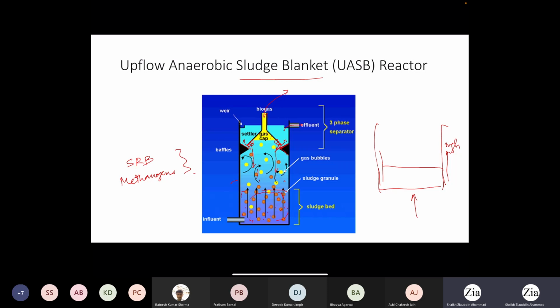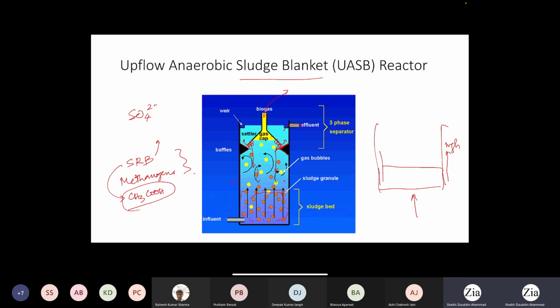One class of methanogens utilizes acetic acid, and SRB also utilize acetic acid as carbon source. So whenever sulfate content is significantly high, you will get dominance of SRB. One of the primary reasons is that SRB growth rate is much faster than methanogens.